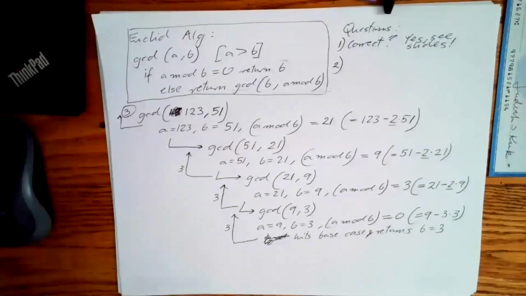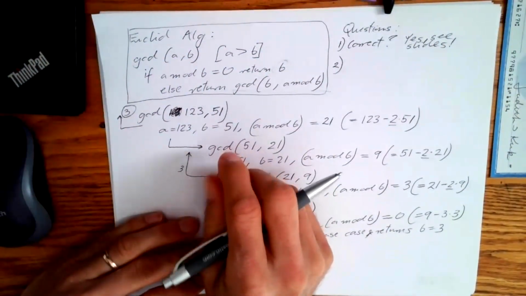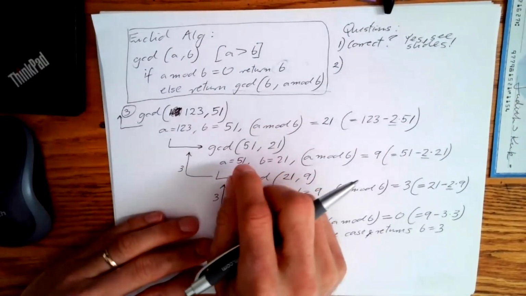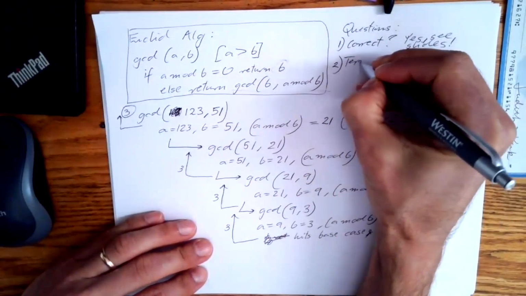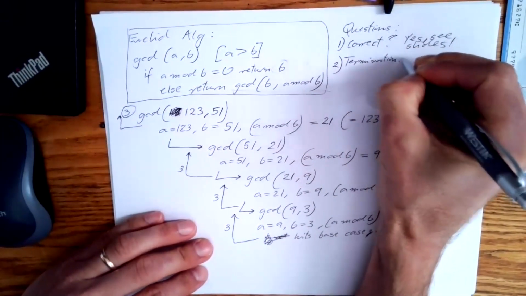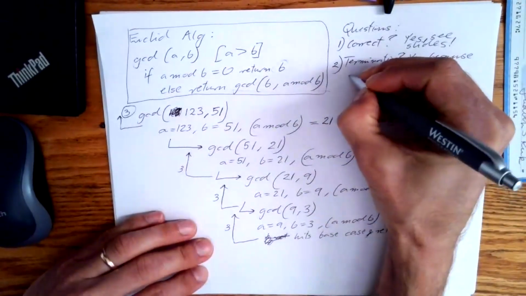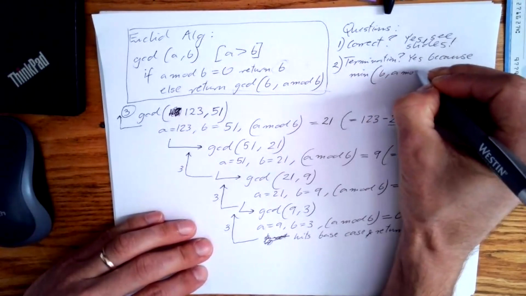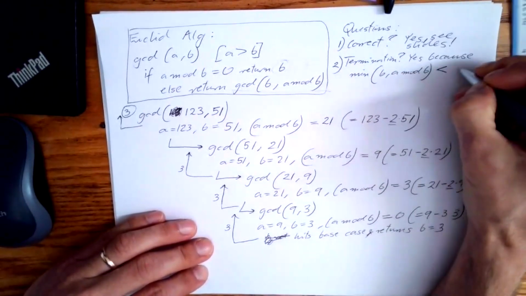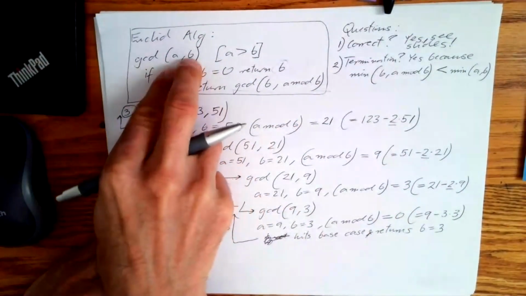Maybe they are in a loop. So this will never end, even though all these people are correct. They will never respond, because the first one passes to the second, to the third, etc. So you need termination, yes, because basically the minimum of B and A mod B is strictly smaller than the minimum of A and B. So the minimum of these two inputs is your good measure.